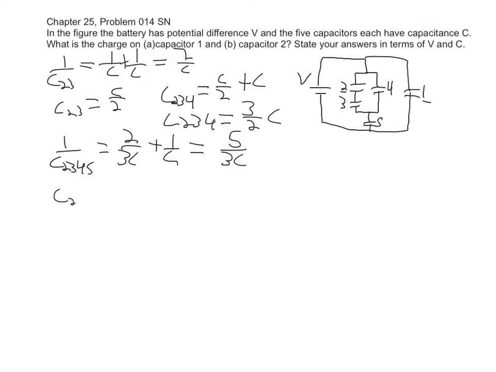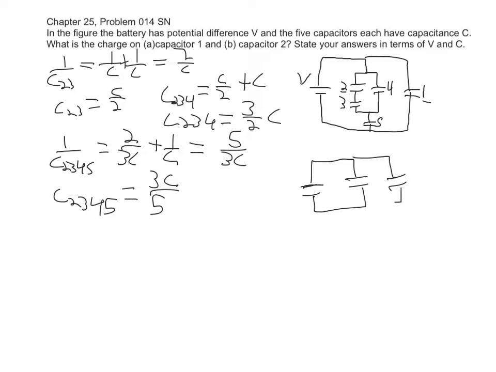And so C2345 is equal to 3C over 5. Alright, so we could then draw this reduced circuit to look like this. Here's our battery. We have this capacitor here, another capacitor here, and that's all, right? So this here is C2345, and this is C1.